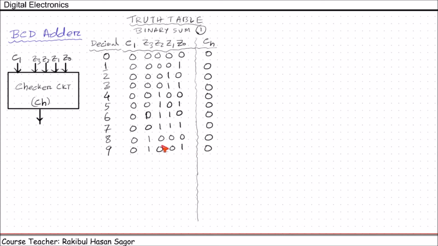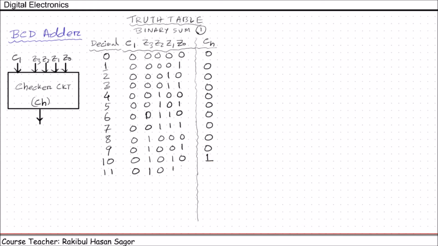Now when we have binary sum up to 9, the checker output will be 0 because we need to add 0 with our previous addition. Now if this value is greater than 9, we need to add 6. In order to add 6, we need to have checker output equal to 1. So for the next binary number 0 1 0 1 0, the checker output should be 1 from here.